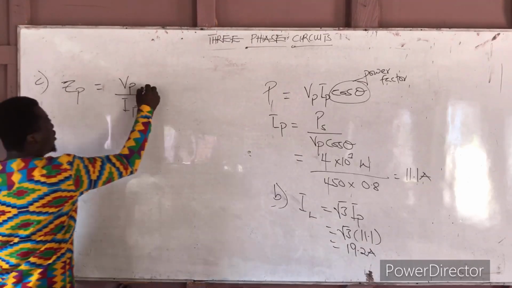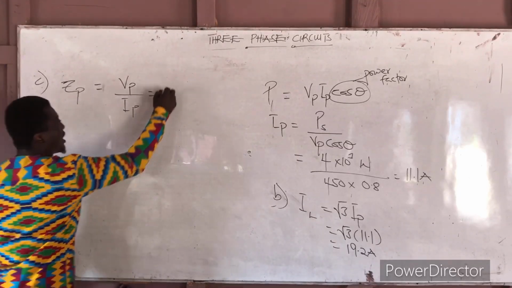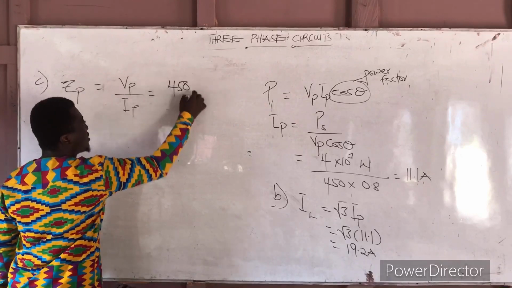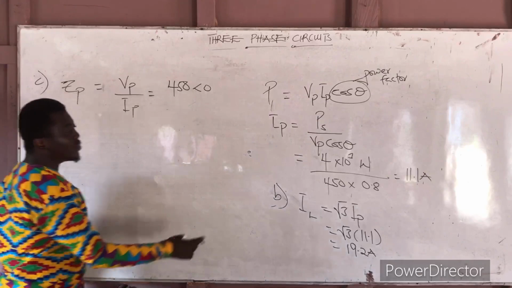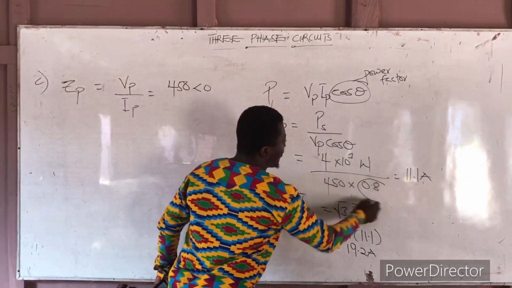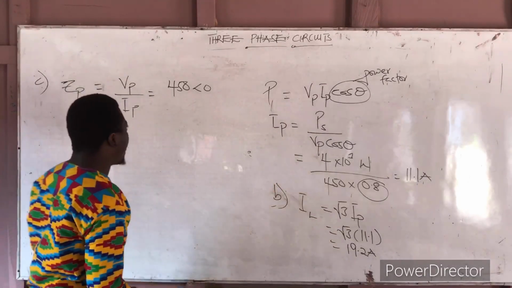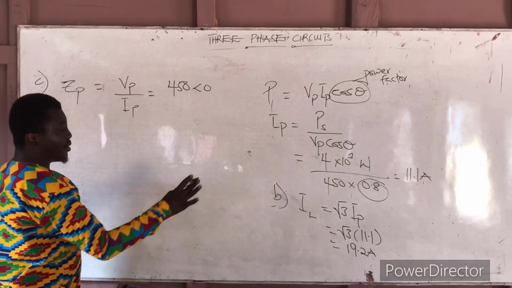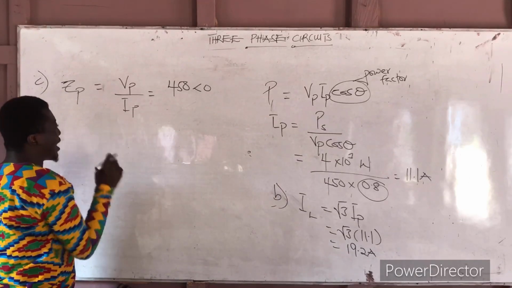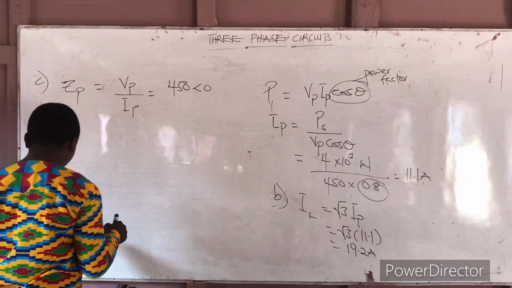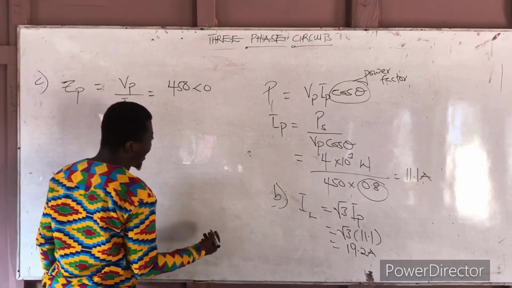But the VP is the voltage supply, so they gave us 450 and it is at an angle of 0. But this one, because there was power factor, you can't straightforwardly say that the current is also at a phase angle of 0. They gave us a power factor, so the power factor can help us get the angle.